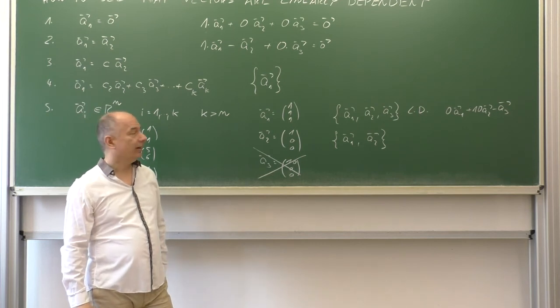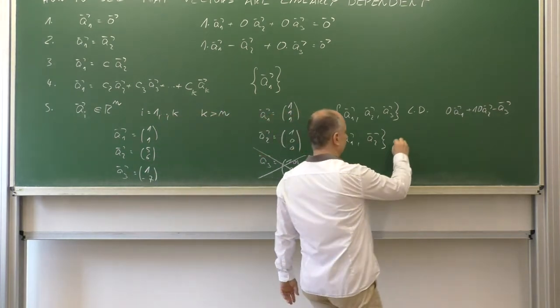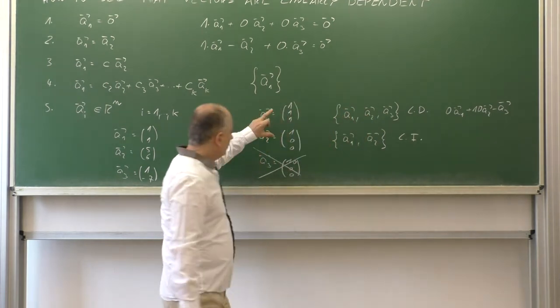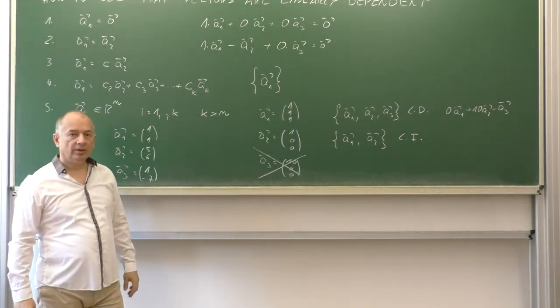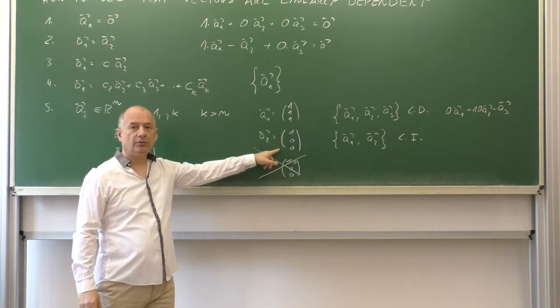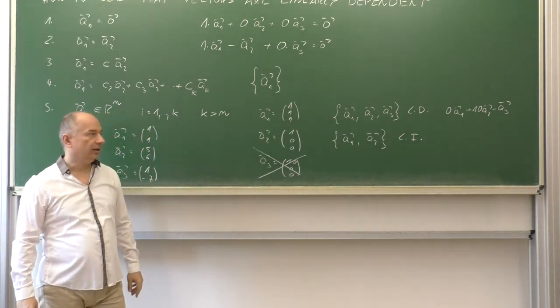Okay, I'm back again. Yes, this set is linearly independent because no non-trivial linear combination is equal to 0. The only possibility for a linear combination of these two vectors to be 0 must be a trivial linear combination.